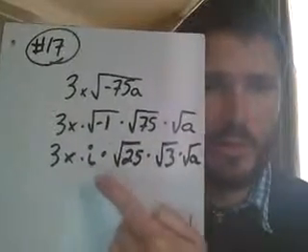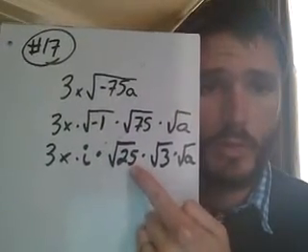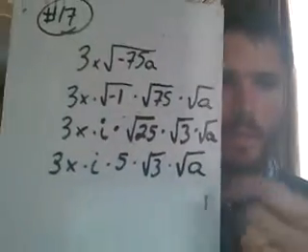So can we take any of these further? Well, we know that the square root of 25 is simply 5. So we have 3x times i times 5 times root 3 times root a. This whole mess we can clean up a little bit.